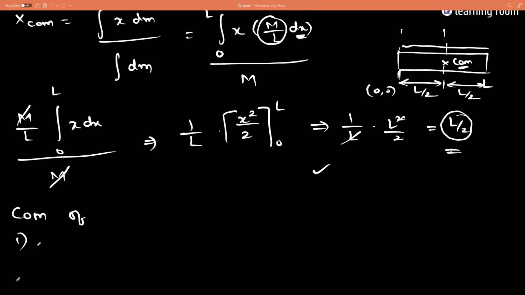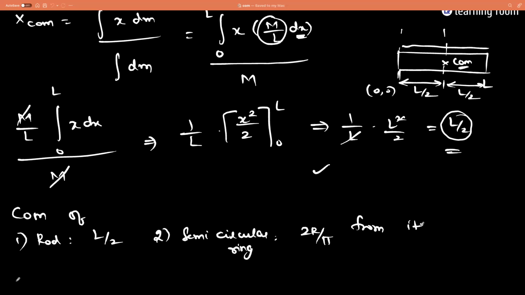Center of mass of first, a rod is L by 2 from any one end. Second, of a semicircular ring is equal to 2r divided by pi. So it is at a distance of 2r divided by pi from its center.